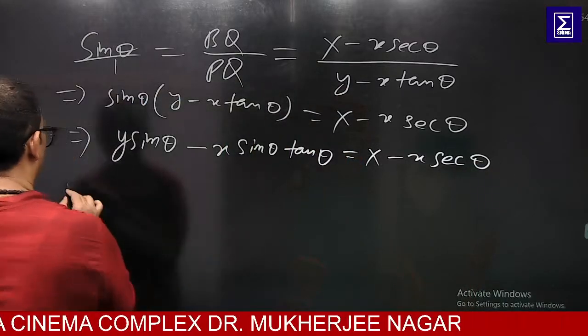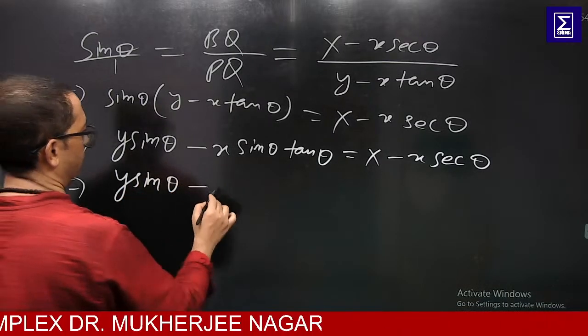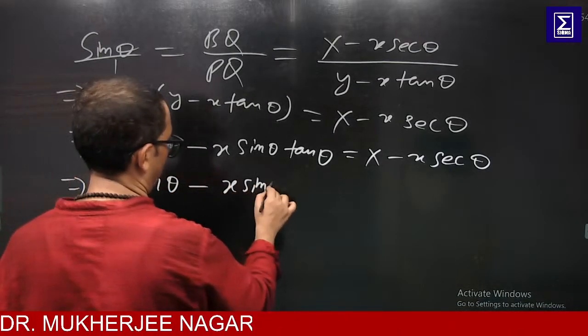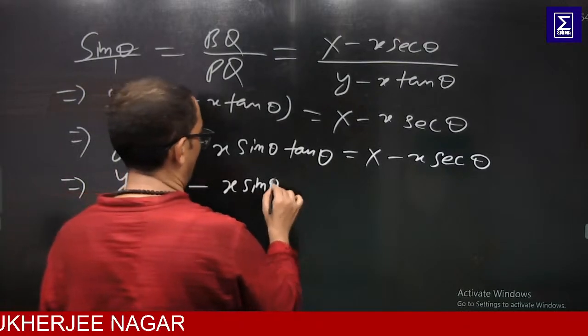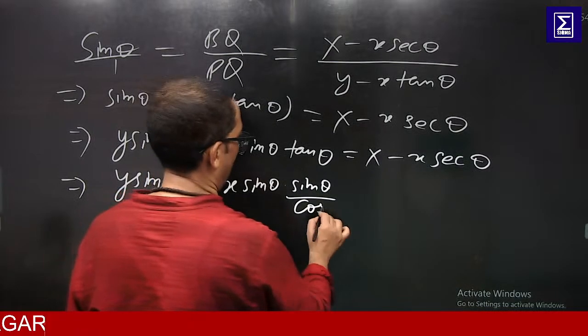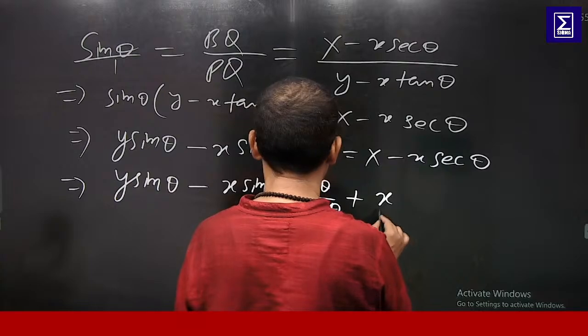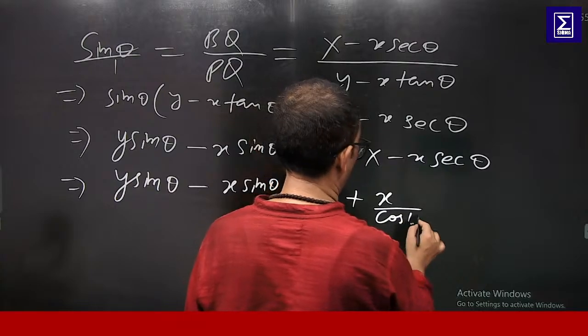Now x will come this side, so y sin theta minus x sin theta, again sin theta upon cos theta, and then plus x upon cos theta is equal to x.